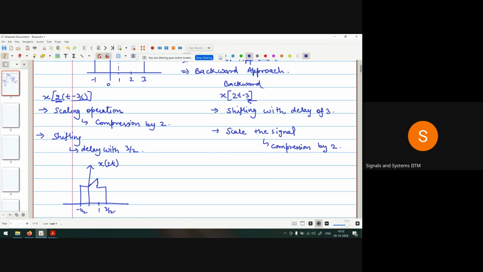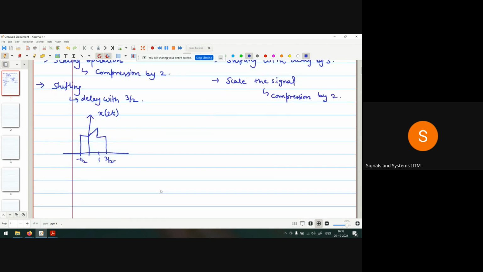Now we have to shift the signal by 3 by 2. And shift is delaying. And in the delay side, what do we do? We just shift my signal to the right side. So each signal point will be increased by 3 by 2. Minus 1 by 2, if I add 3 by 2, becomes 1. 0 becomes 3 by 2.